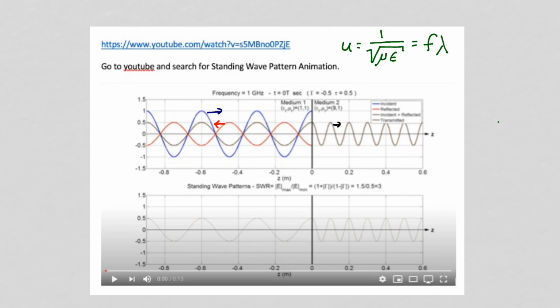But we know that the frequencies are the same, so that means the wavelength of the electromagnetic waves will be different in material 2 and material 1. Of course, the incident and reflected waves, which travel at the same velocity, have the same wavelength.